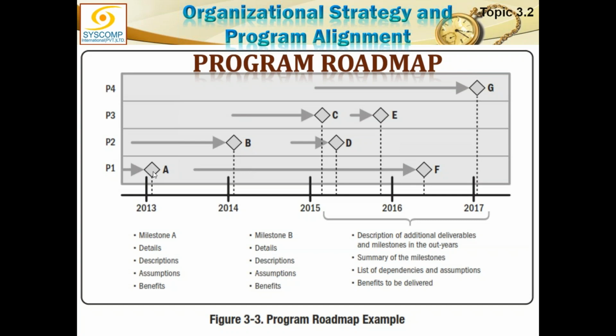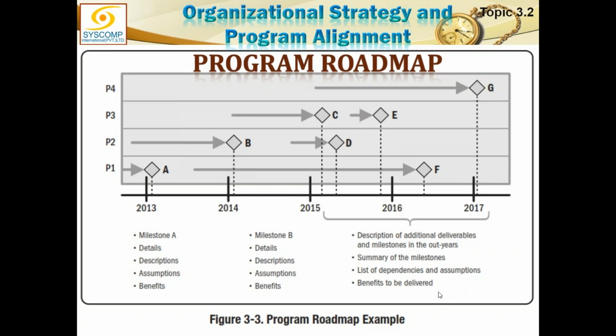Normally, a component when finished would deliver some benefit, or some output or outcome. So these are those points, and over say 5 years of the program life cycle, that would be explained.